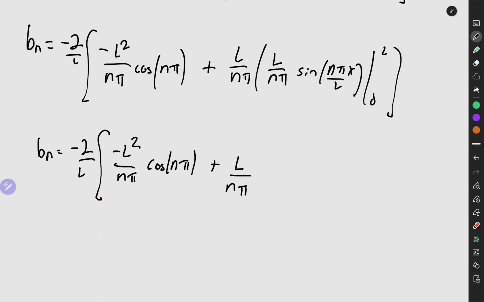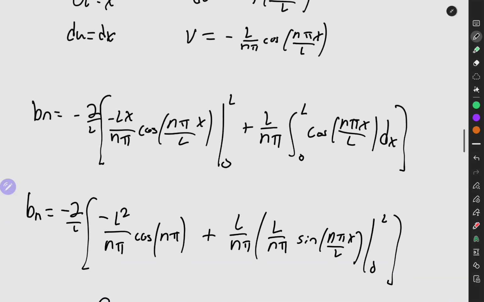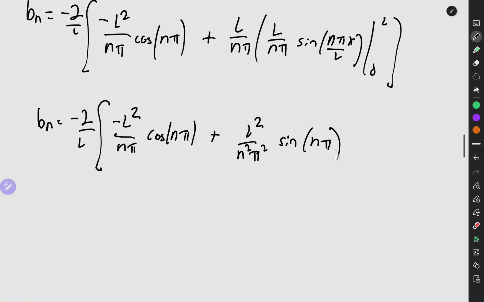Well, let's distribute this in. Let me think about it. So if x is L, that's L squared. Oh, this is all squared. If L's in there, this is just n pi. Very nice. I'll get to it in a minute, but I see something here.